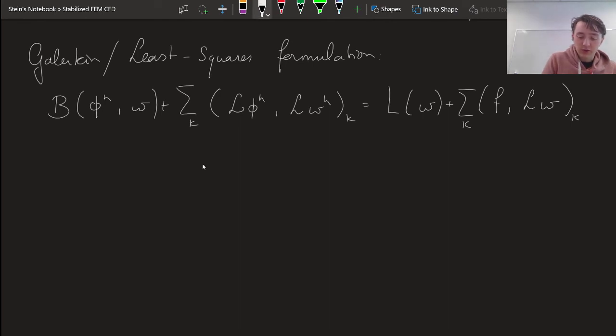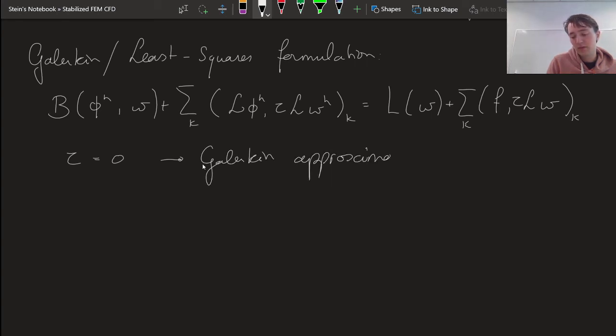And that difference can be introduced by introducing here a parameter, tau, which has to be the same left and right, such that if tau is equal to 0, then we obtain a Galerkin approximation. And if tau goes to infinity, then we obtain sort of a least squares formulation.